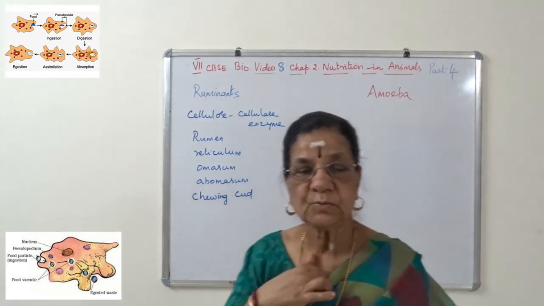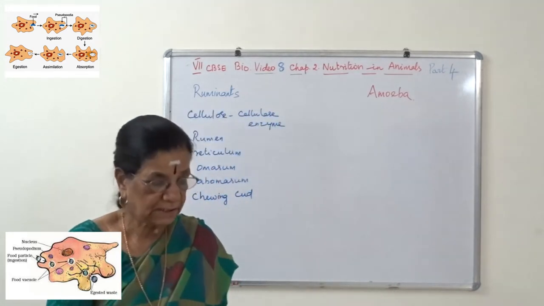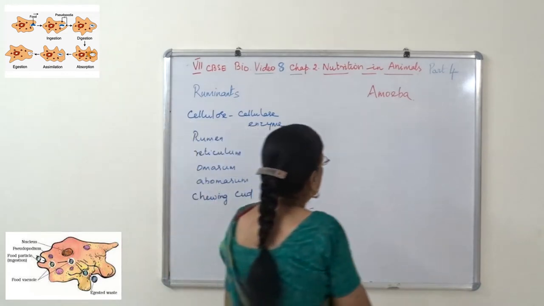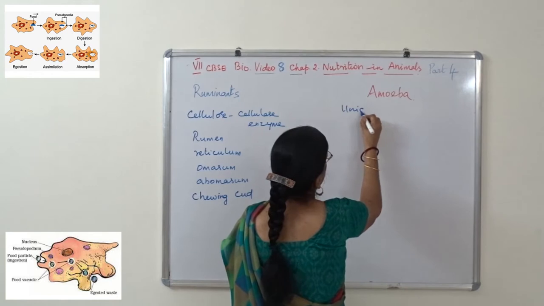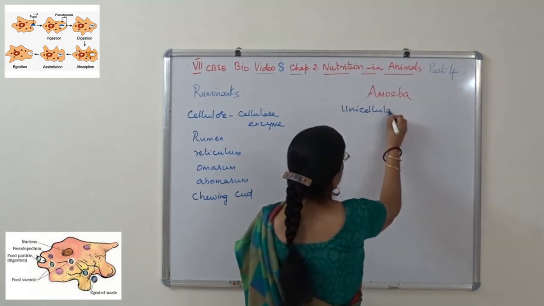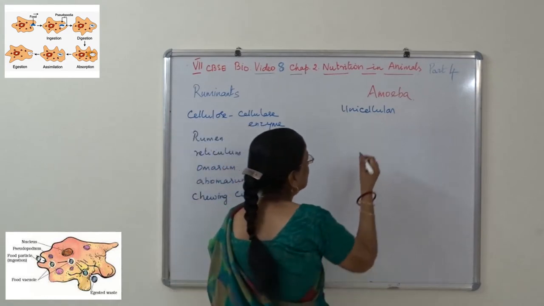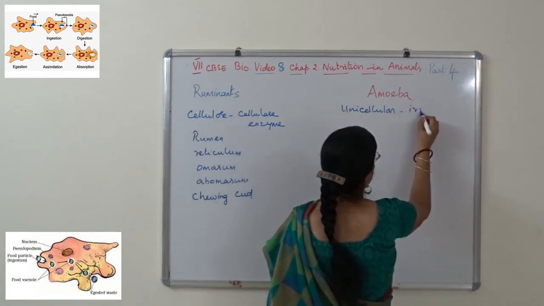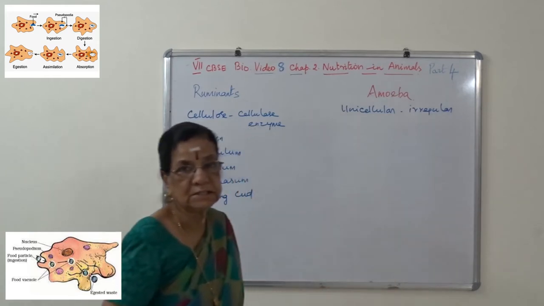Then nutrition in amoeba. What do we know? Amoeba is a unicellular, single-celled structure, right? And then it is irregular in nature. The body is irregular in shape.